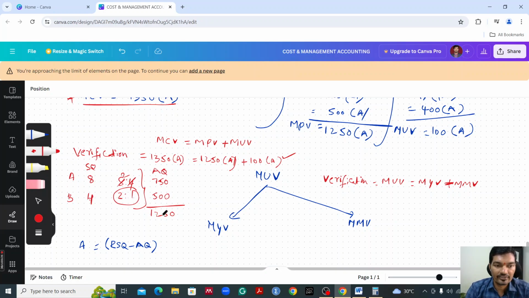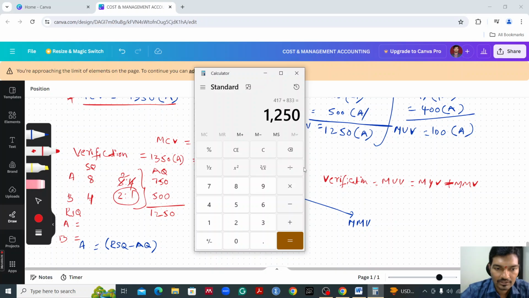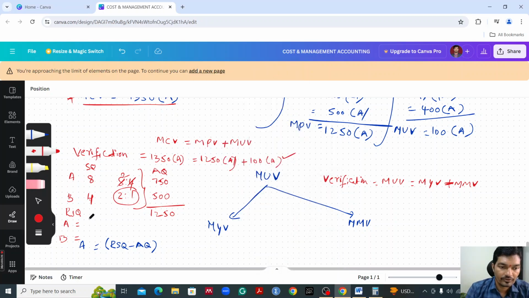So to find the revised standard quantity, RSQ, for material A and material B, the total actual quantity is 1250 into 2 by 3. So we are getting 833.33. Simply we can take it as 833.